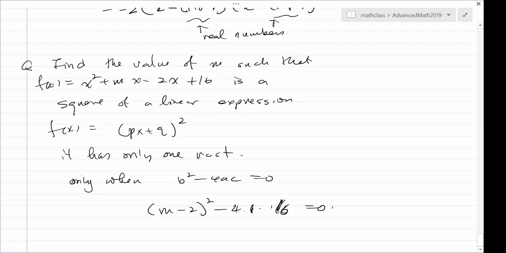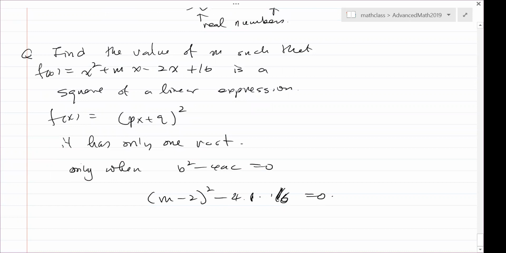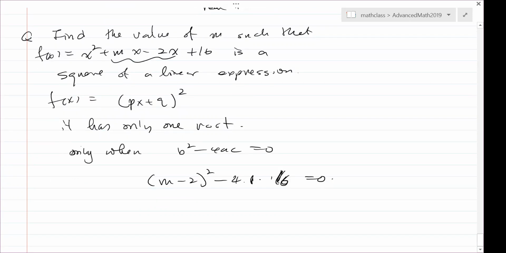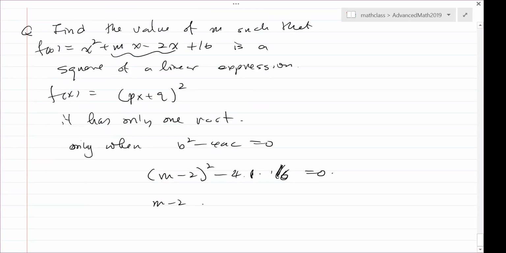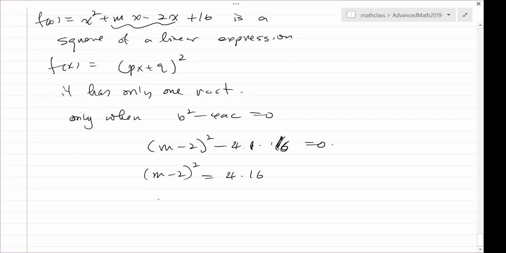So m minus 2 squared equals 4 times 16, so m minus 2 is plus or minus the square root of 64, which is plus or minus 8. So m is 2 plus or minus 8. You have two solutions. Choosing positive, you get 10. Choosing negative, negative 6.